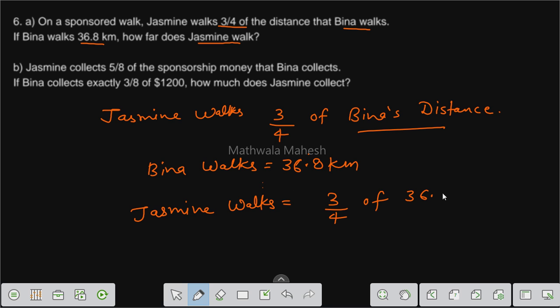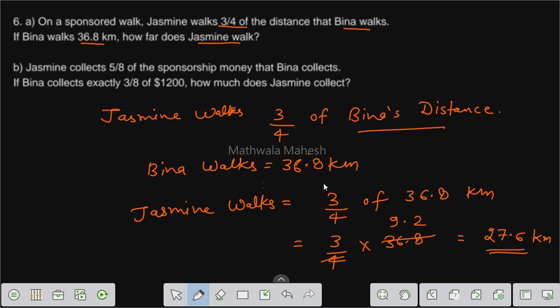Which means 36.8 kilometer. So what is 3 by 4 of 36.8? If we divide by 4, we will know 9.2. It means 27.6 kilometer.